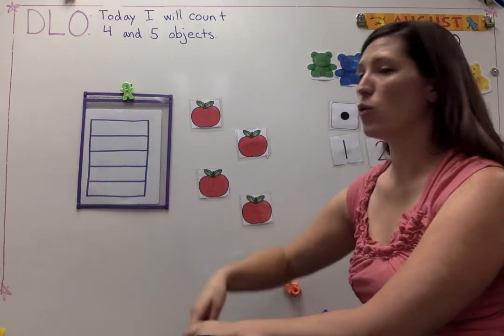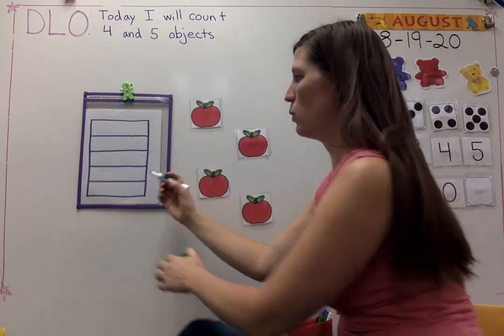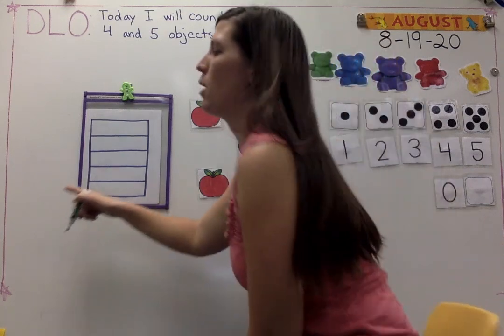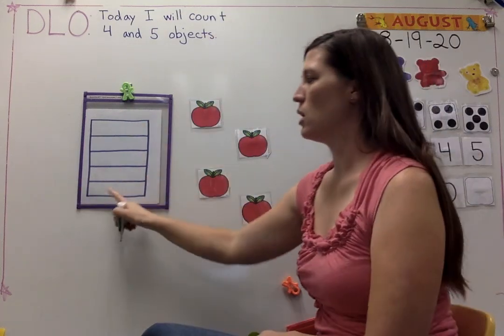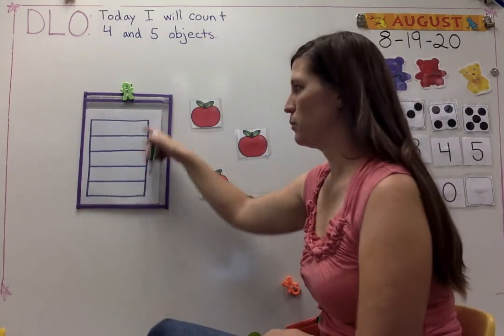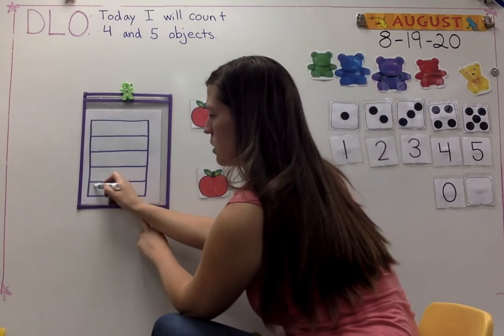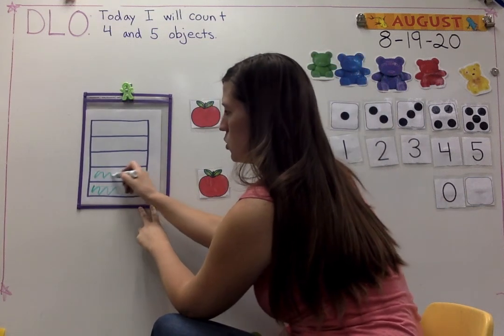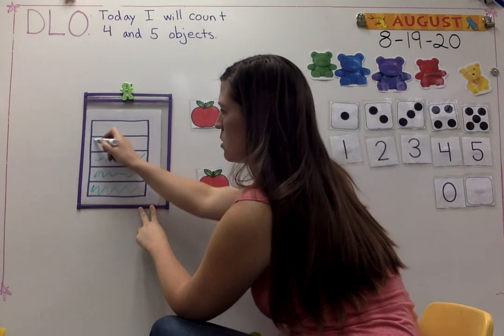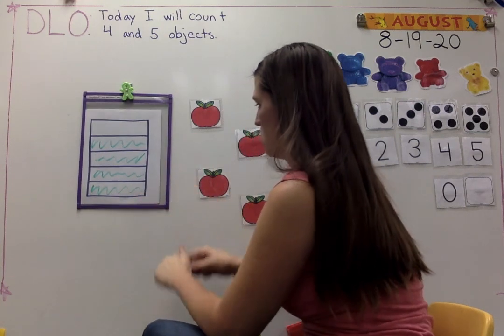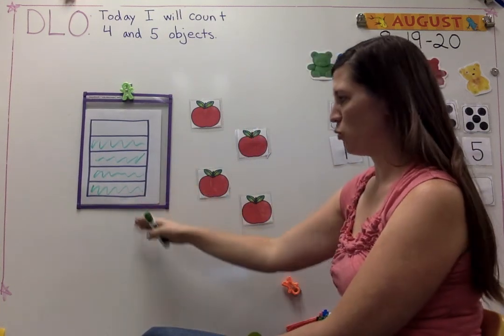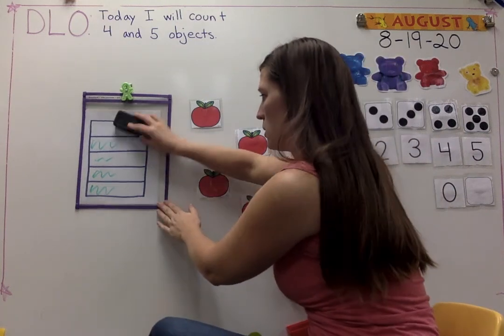I'm going to fill 4 bars in. Count with me. We'll start at the bottom. When we make a graph going straight up like this, it's best to start at the bottom. Ready? Count with me. 1, 2, 3, 4. 4 apples, 4 bars. Erase.